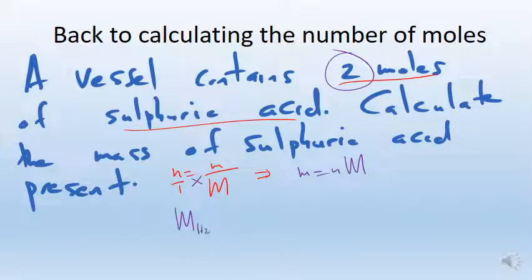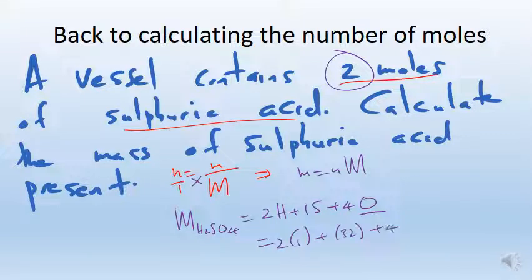So it's H2SO4. It'll be 2 hydrogens, 1 sulfur, and how many oxygens? 4 oxygens. Hydrogen is 1, sulfur is 32, and oxygen is 16. So we've got 2 plus 32 plus 64. Am I right?